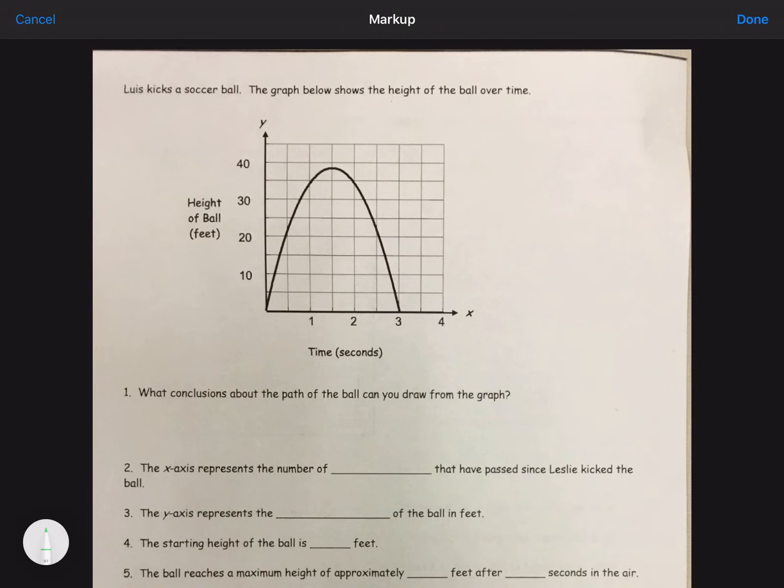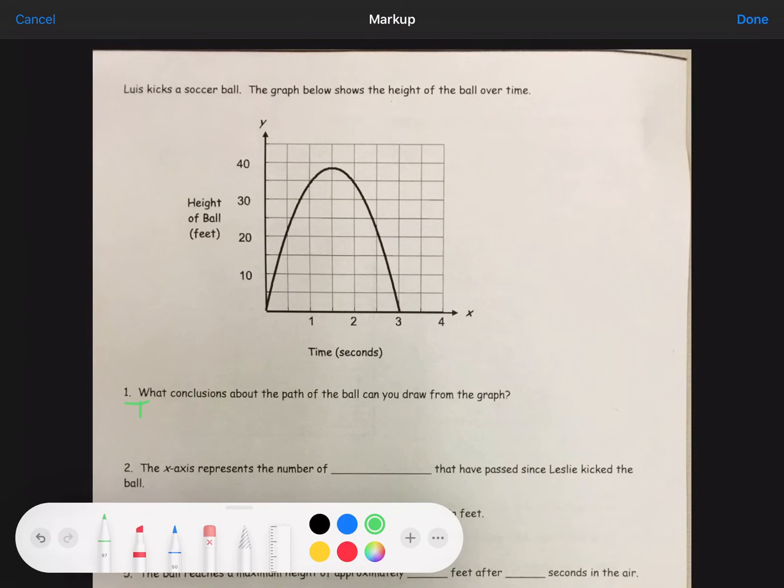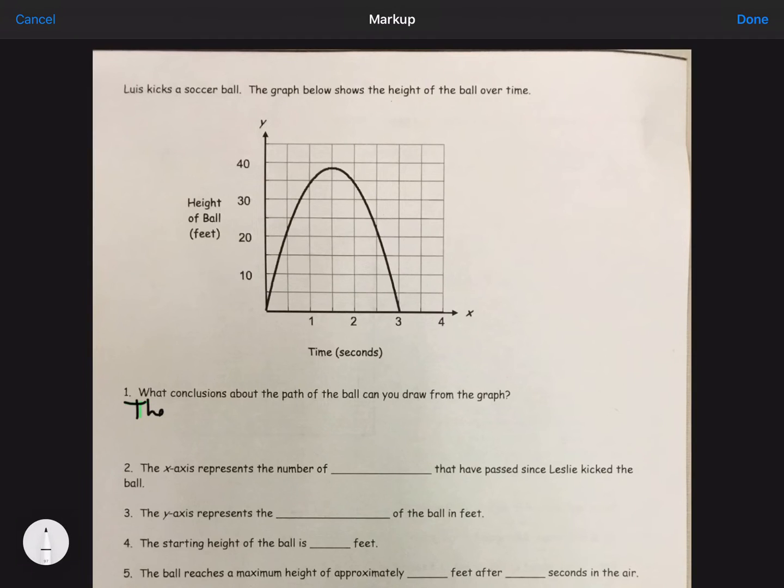Okay, so the max height, let me use a different color, the max height is under 40. Where does the ball start? Does it start up in the air, or does it start somewhere else? It starts on the ground. The ball starts at ground level.